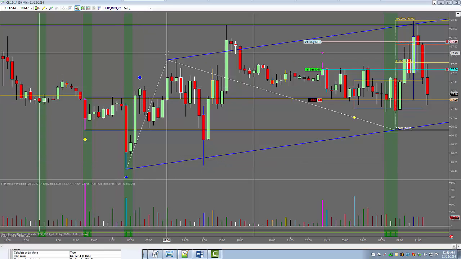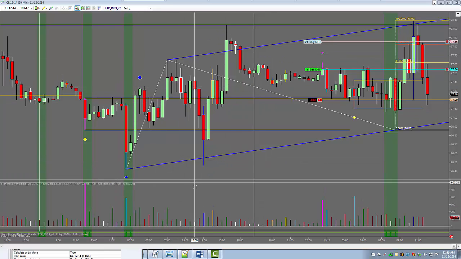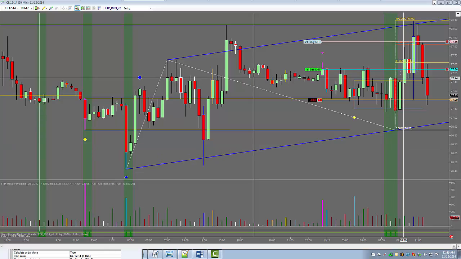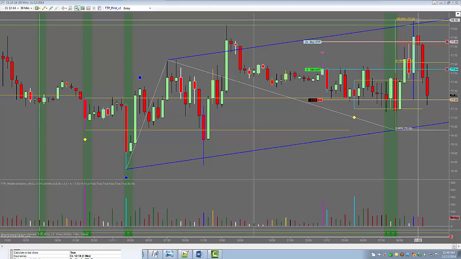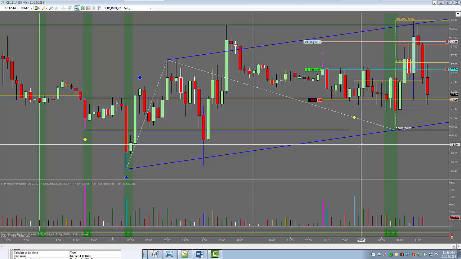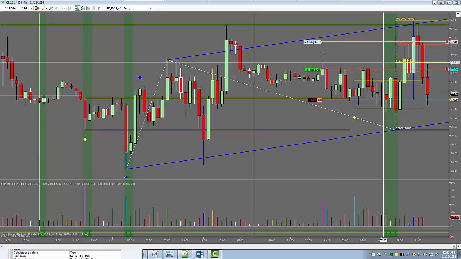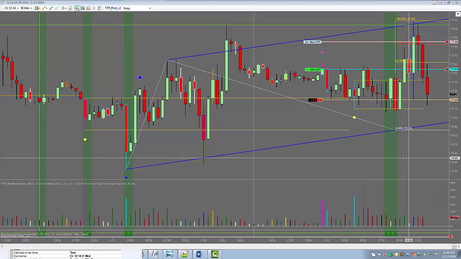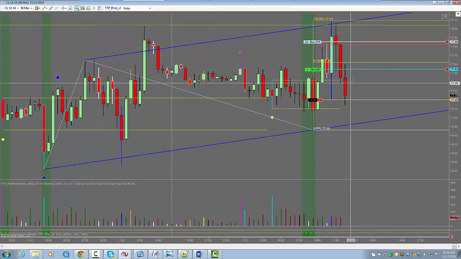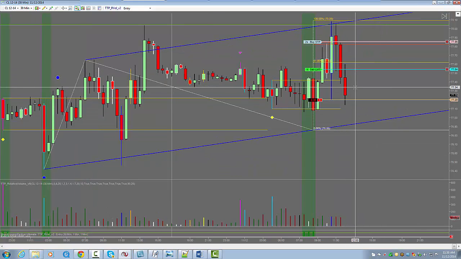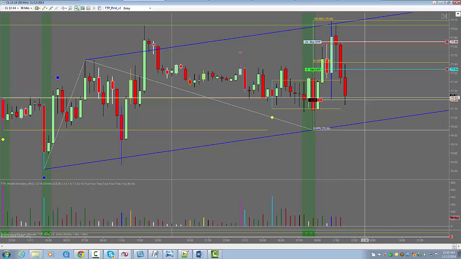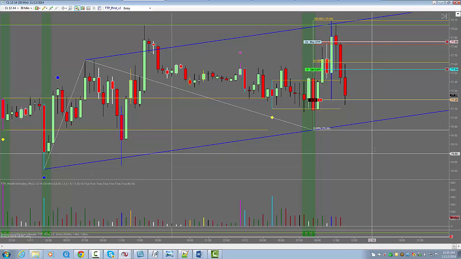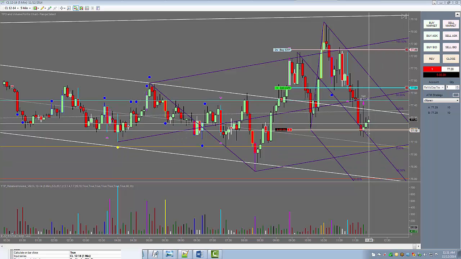Look at that, ABC, and this kind of an ABCX, and then an ABC up, so kind of a WXY within a tick of the 100% extension. Pretty interesting. So yeah, I'm expecting a big push down. Hopefully it'll retrace and I'll get filled on that sell order, and then we'll get to ride this thing down into 75.